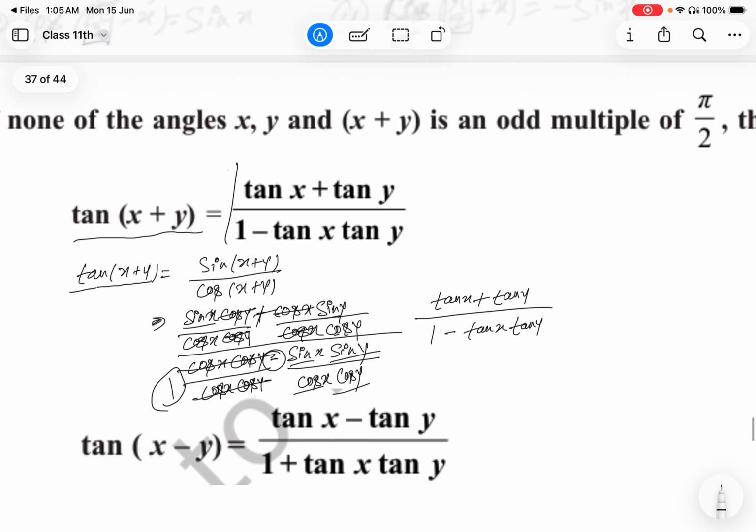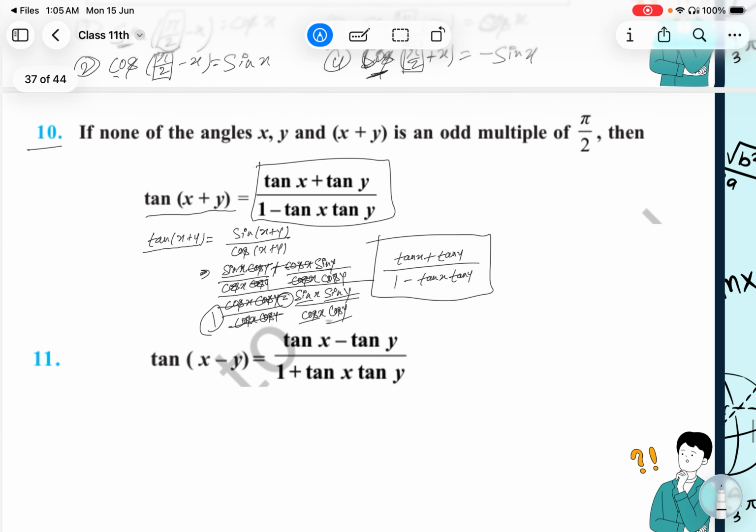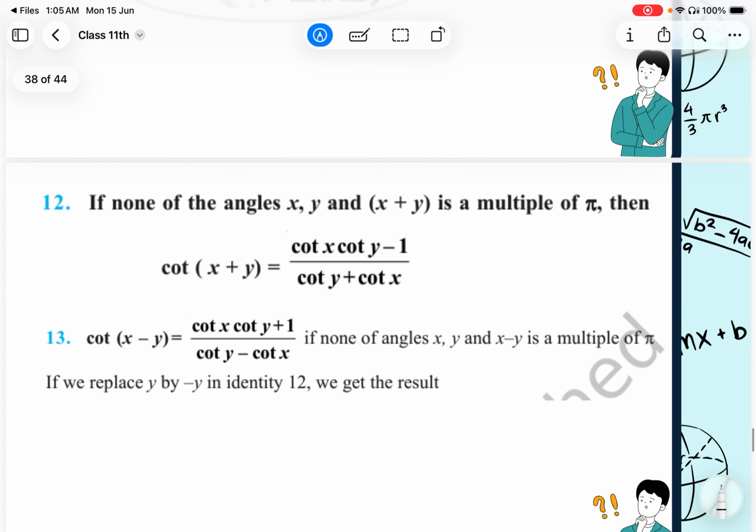You see, this and this is the same statement. I hope you will also find this one and you can prove this on your own. You have to do the same thing. Now we have cot(x + y) equals cot x cot y minus 1, so it will be the opposite of tan. You see, in tan we have this above and this was the denominator.